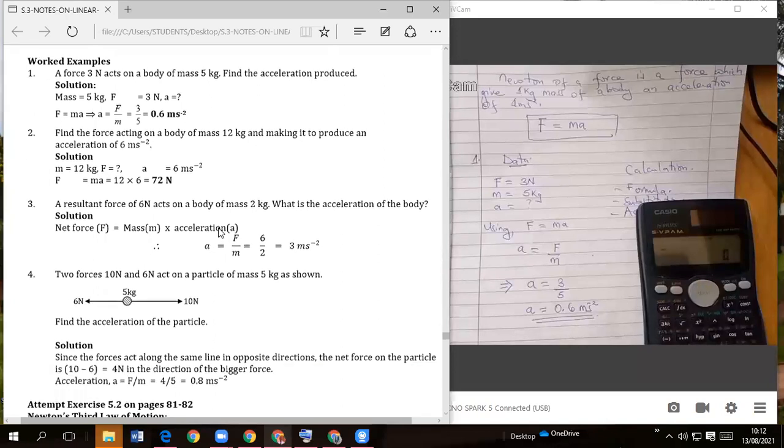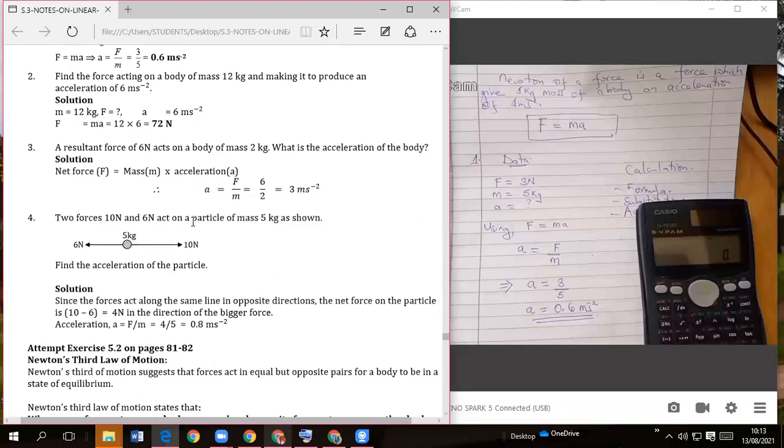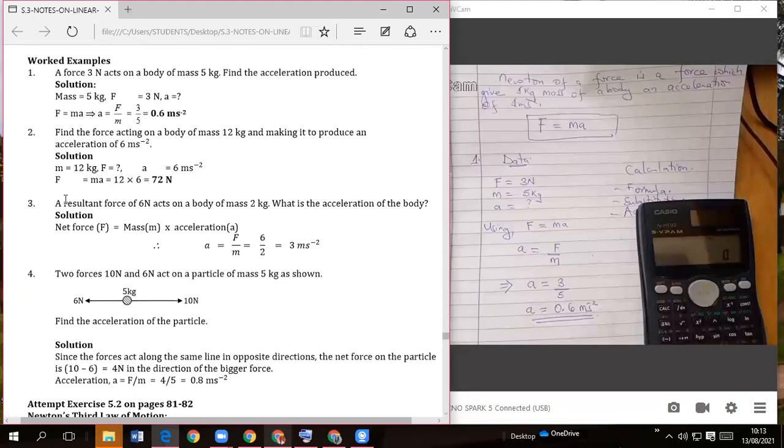Yes. Number 2. Do for me number 2. Do for me 2 and 3. I'm waiting for the answer. We have 10 minutes remaining. So can we do those?